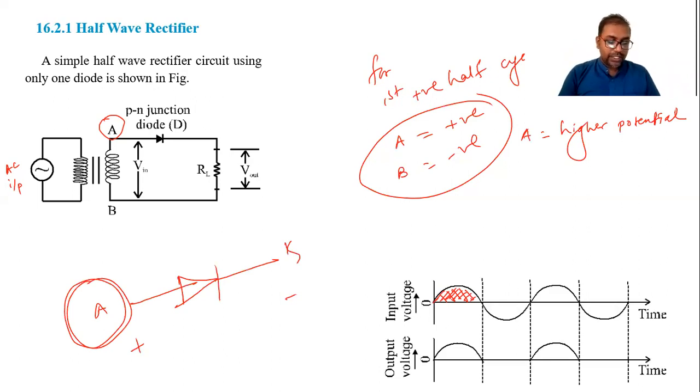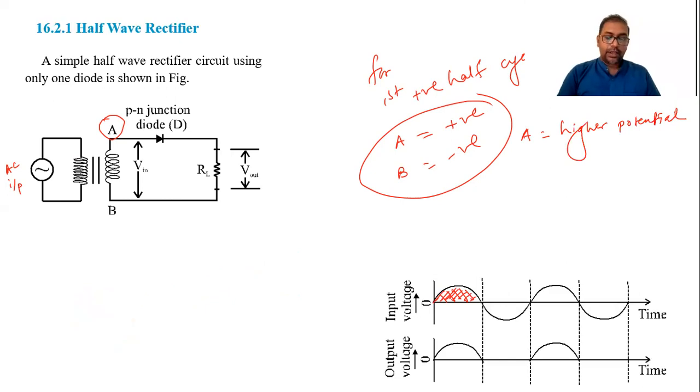Using the same working, in the first positive half cycle I consider A at higher potential with respect to B. So the diode D is in forward bias and we get current across the load resistance.